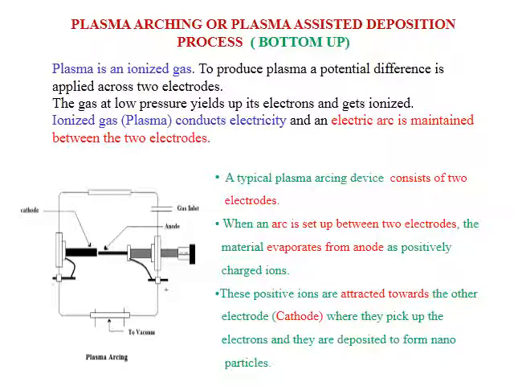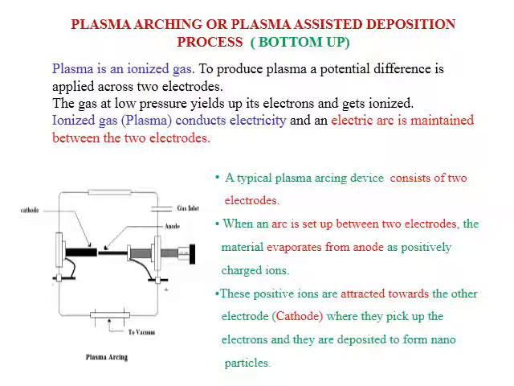When an arc is set up between two electrodes, the metal evaporates from the anode as positively charged ions. These positively charged ions are attracted towards the other electrode, the cathode, where they pick up electrons and are deposited to form a nanoparticle.